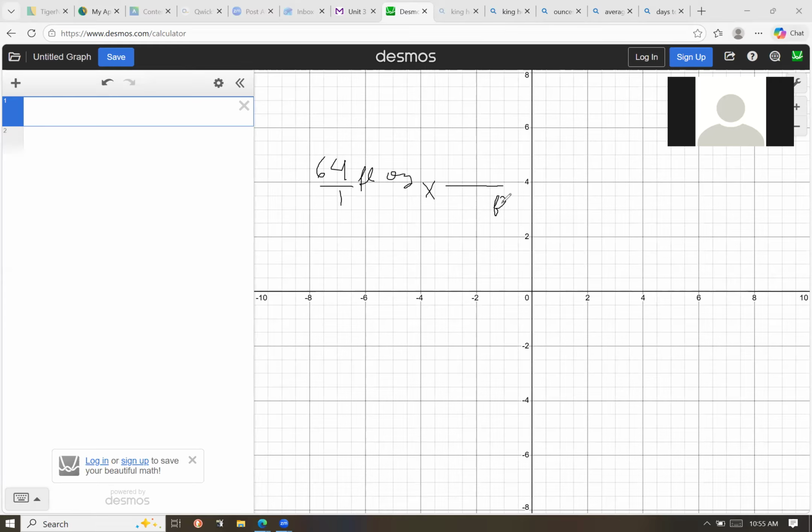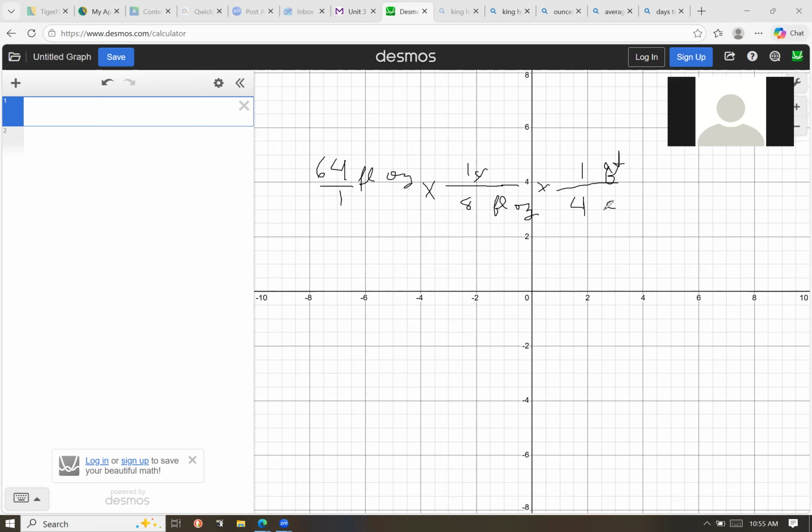So we'll put fluid ounces in the denominator. So there's 8 fluid ounces in 1 cup. And there is 4 cups in 1 quart. We'll do cups to quarts here. 4 cups in 1 quart.